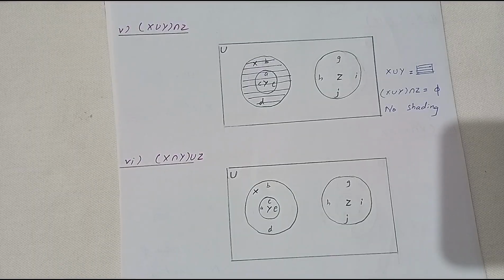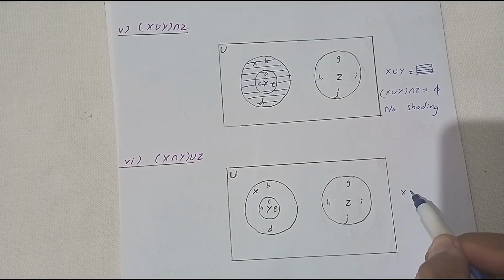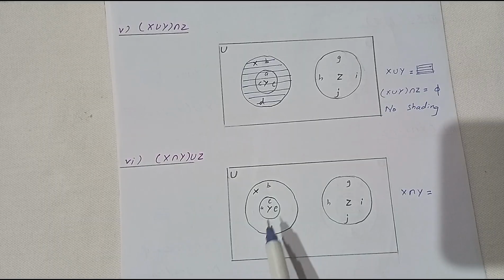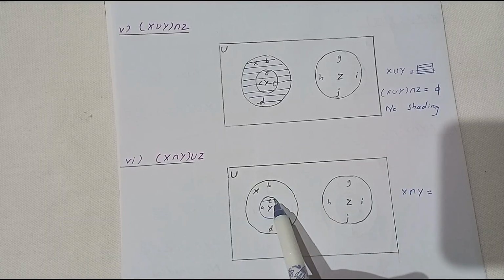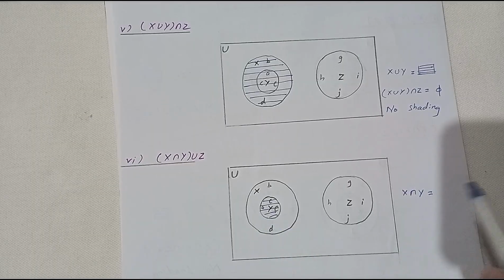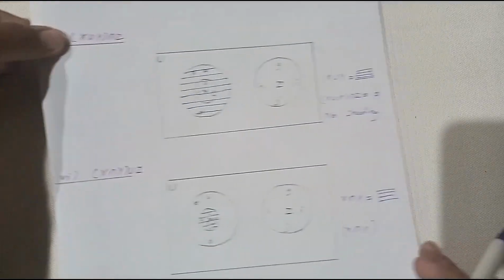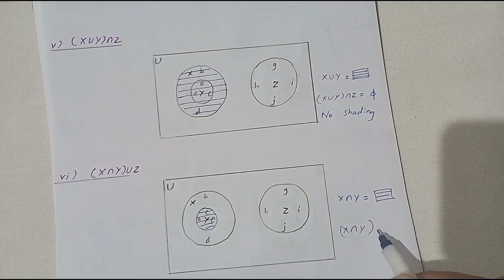In the last part we have to find x intersection y union z. So first we have to find x intersection y. Since the common part of x and y is y, we shade it with the horizontal lines and write it like this: x intersection y union z.